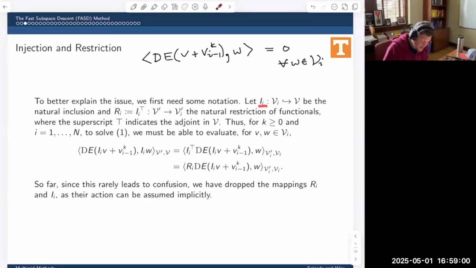This inclusion operator simply pushes things from Vi to V by virtue of the fact that this is a subspace of V. I don't have to do really anything, but it is sometimes useful to think about adding that operator back in there. All right. So it's a little bit funny though.